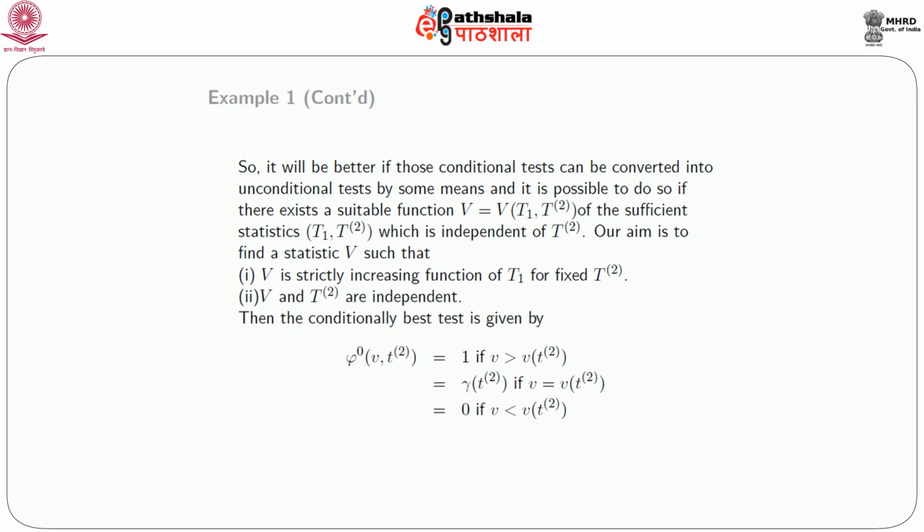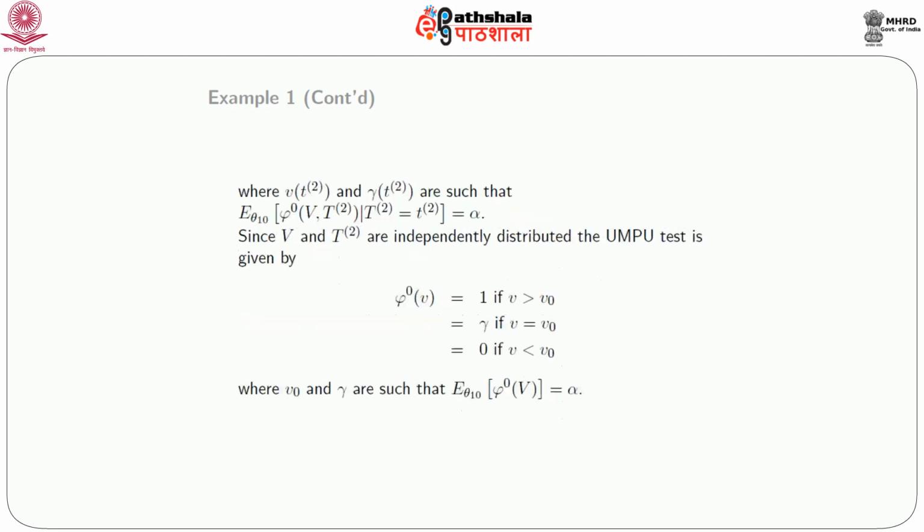Then the conditional Bayes test is given by phi naught (V, T2) equals 1 if V is greater than some v(T2), equals gamma if it is equal, and equals 0 if V is less than v(T2), where v(T2) and gamma are such that the expectation under theta 1 naught of phi naught given T2 is equal to alpha.